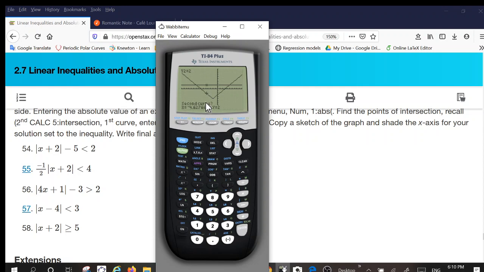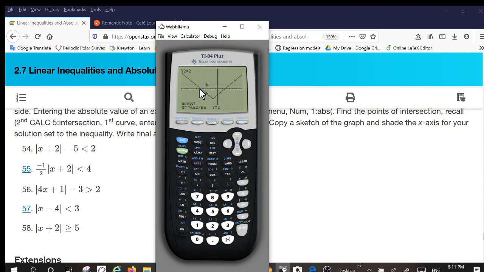Then it automatically goes to the second one. If you have more than two functions, it might go to the wrong one, so you have to move it up and down to the right one. Right now it is on the V, and now it is on the horizontal one. That's my second.